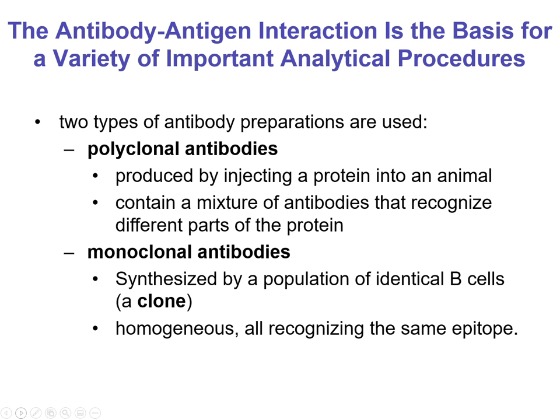You can also get monoclonal antibodies by synthesizing a population of identical B cells, and then they will produce monoclonal antibodies. They're all homogeneous. They recognize exactly the same thing. These can be really helpful in a lab setting.